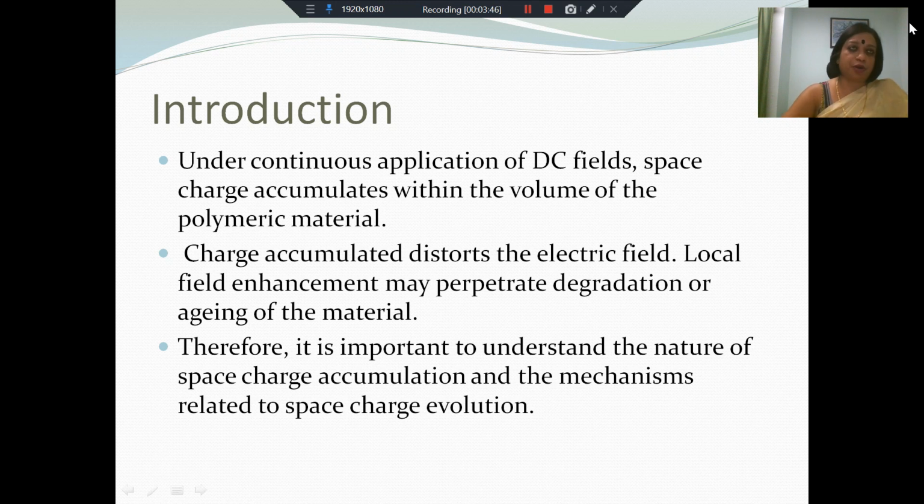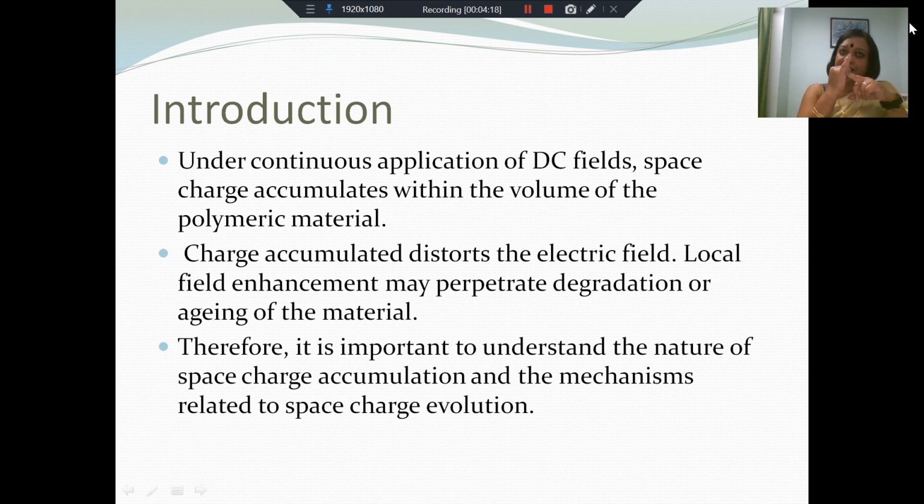Depending upon the condition and the age of the material, it will trap more or less charge. A material which traps more charge is more likely to age faster and will have a lower lifetime, whereas a material that does not trap will not face such high stresses and will be able to last longer. The lifetime will be higher.